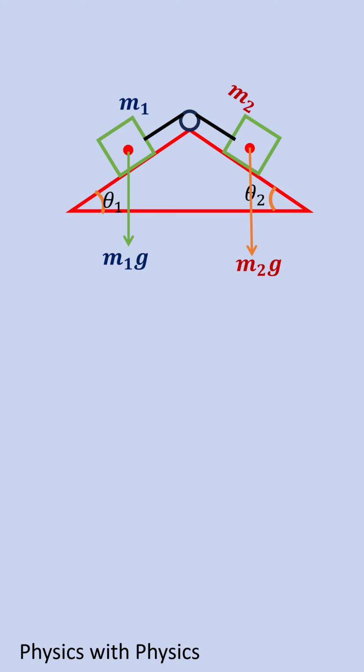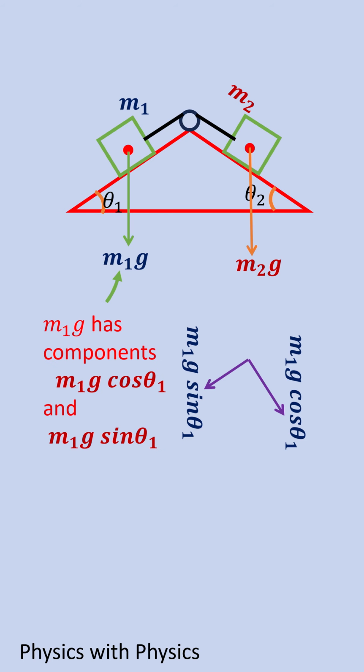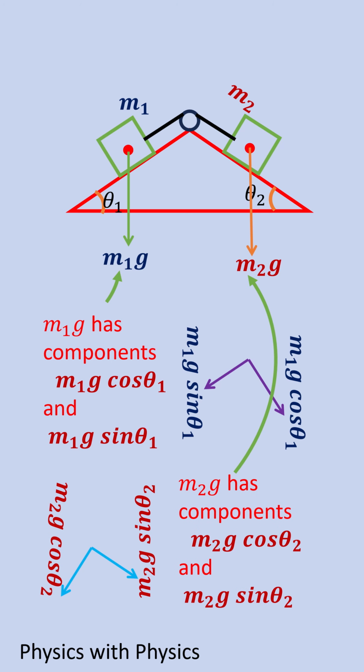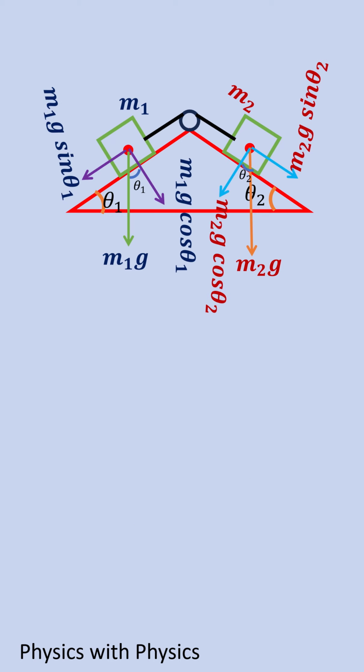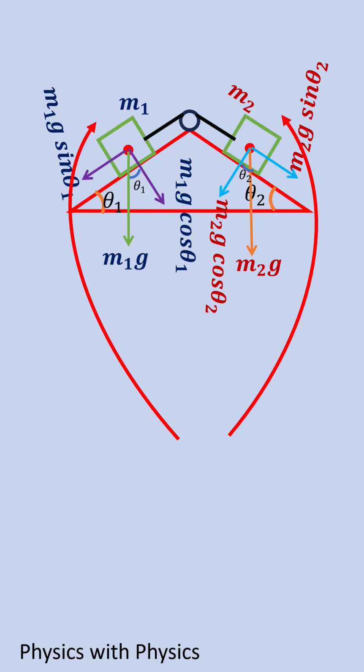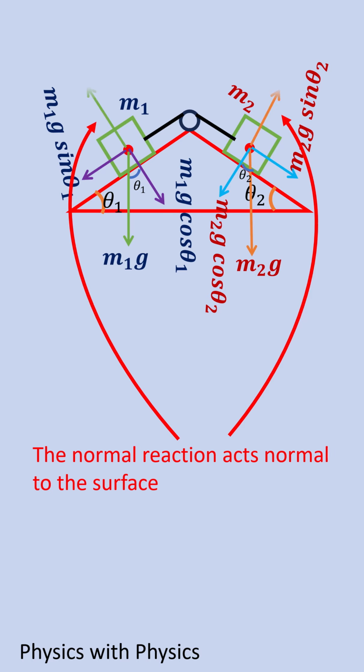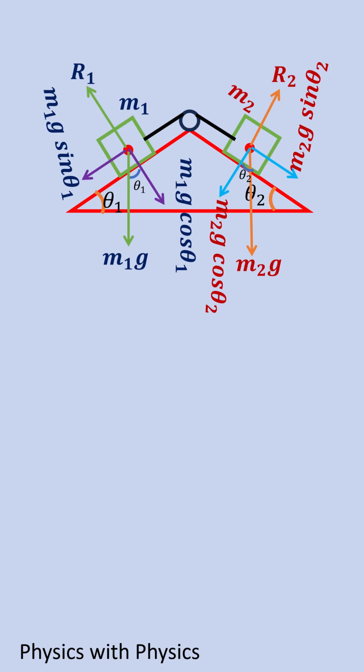Okay, weights are shown. And this M1G has two components, M1G sin theta 1 and M1G cos theta 1. Similarly, M2G also has two rectangular components. Let's write them. Now, let's write the normal reactions, R1 and R2.